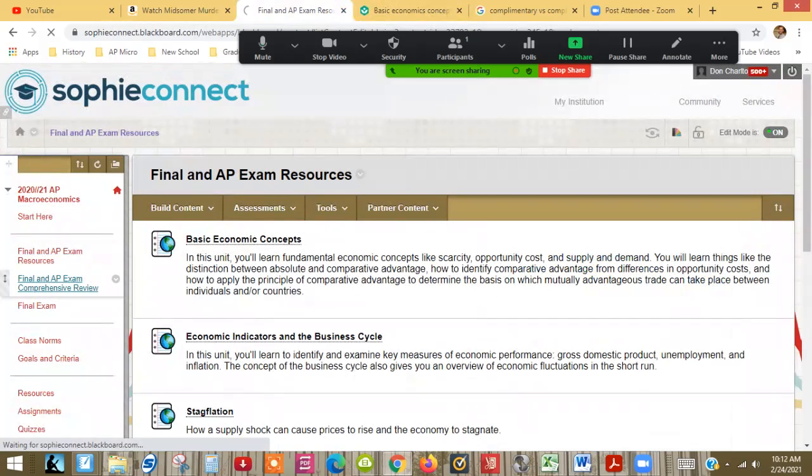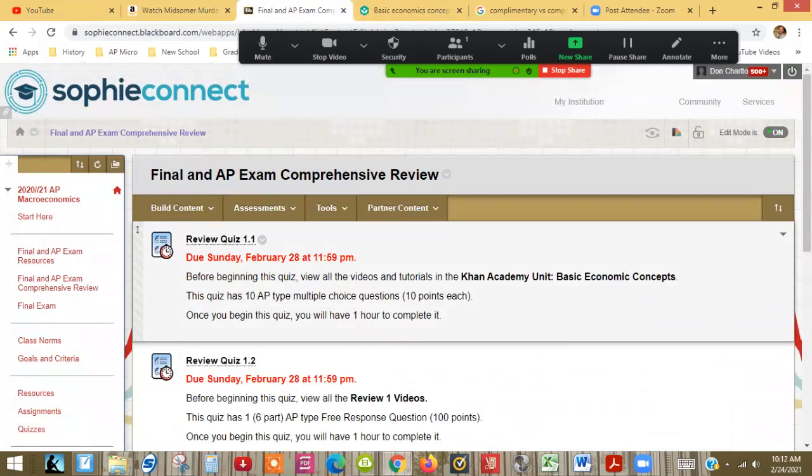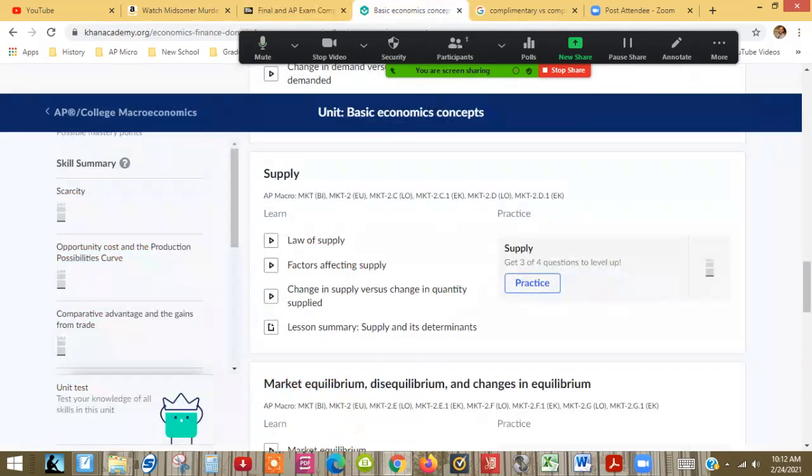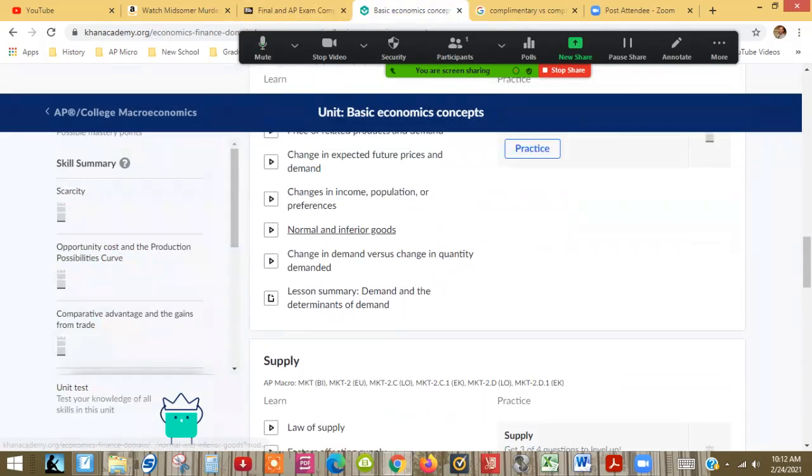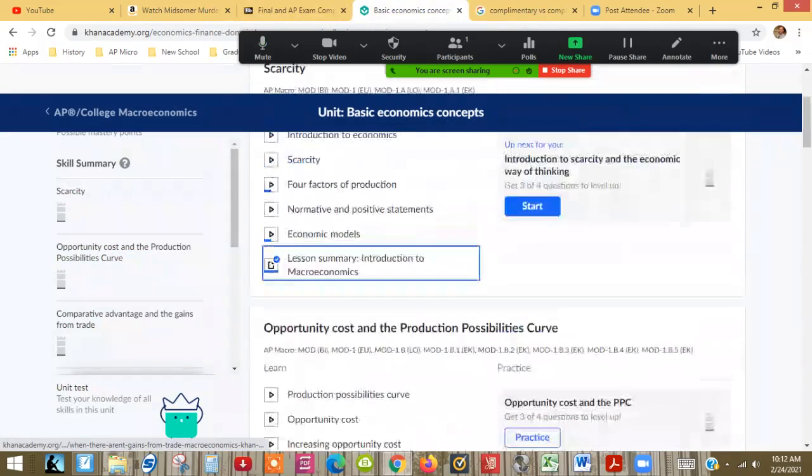Now, these 10 multiple choice questions on review quiz 1.1 are going to be questions that I have determined are assessing the topics in the unit, basic economic concepts.